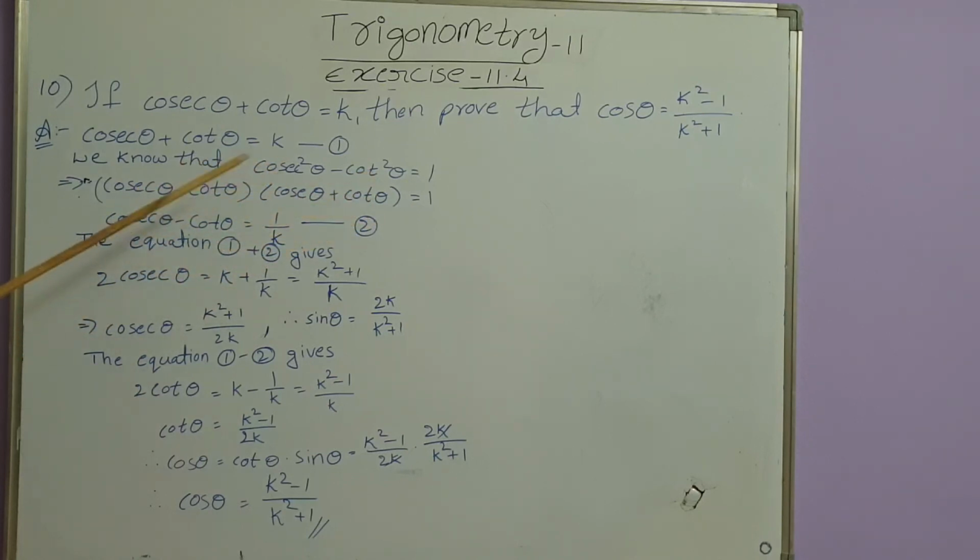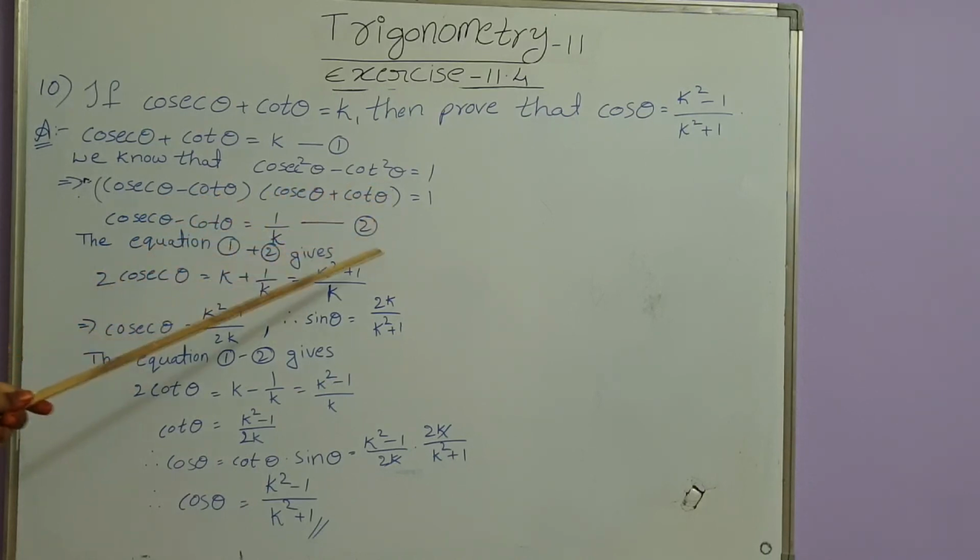So this formula converts to this form: (cosec theta minus cot theta) into (cosec theta plus cot theta) is equal to 1. We know cosec theta plus cot theta is equal to k. So substituting here, cosec theta minus cot theta is equal to 1 by k. This is the first equation and this is the second equation.